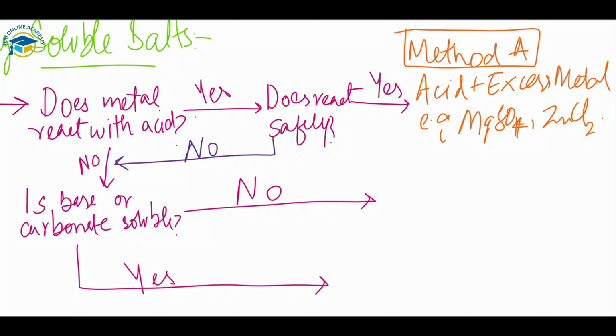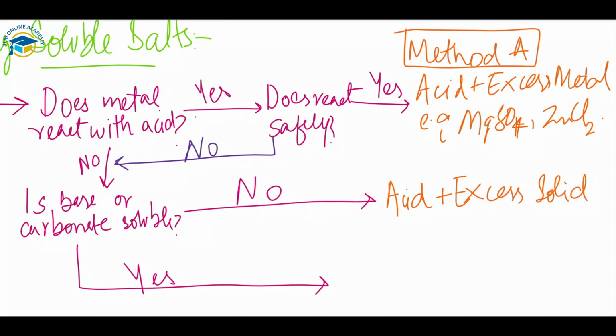this is method B, for when the base or the carbonate is not soluble. Then you can prepare the salt by reacting the acid with the excess solid. Acid plus excess solid react. If it is not soluble, as in the case of calcium carbonate, most carbonate salts are insoluble, right?